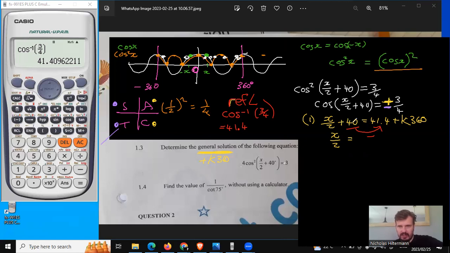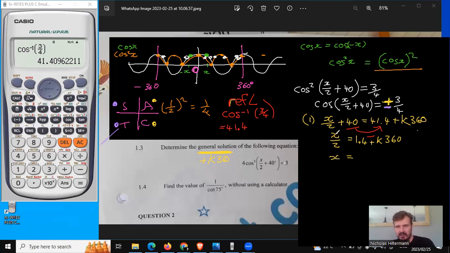Normally I would do another step, but because I'm running out of space, I'm going to make this 1.4 plus K360. So the 40 has come off the 41.4 to give 1.4. Now my problem child is the 2.